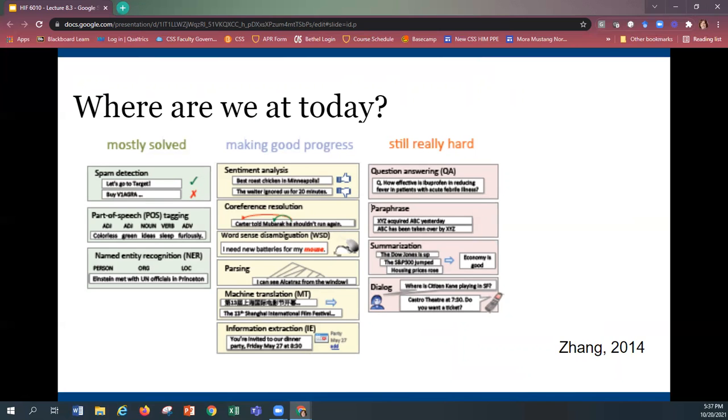Progress is being made in a number of areas, particularly in extracting information from natural languages. Challenges remain, however. While IBM Watson revealed our capacity to develop a computer that can answer questions, challenges still remain. Other common human skills with natural language, including paraphrasing, summarizing, and dialoguing, remain difficult at this stage.